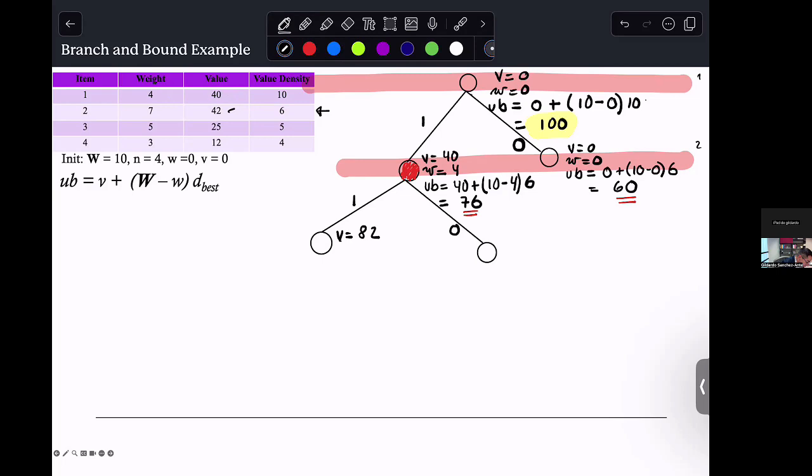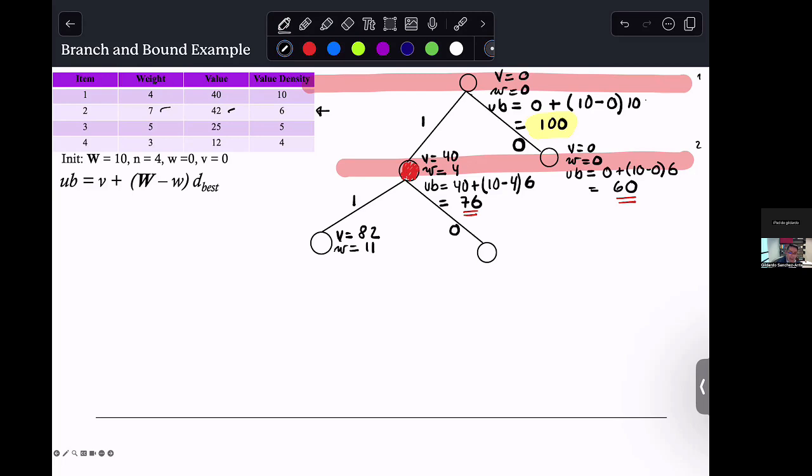And the weight is going to be the 4 that I already had plus the 7 that weights the second item. And I am happy, apparently, because I see that the total value is 82, which is actually even bigger than the 76 that I got in the computation.